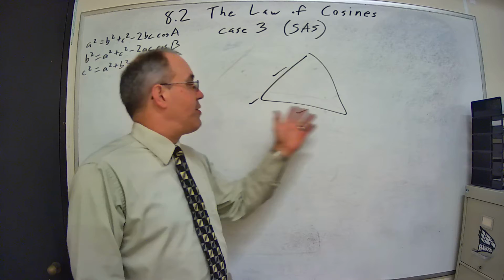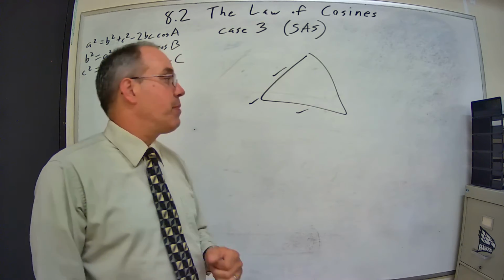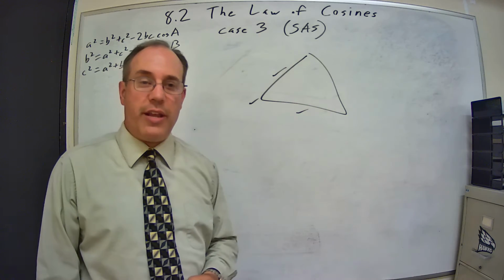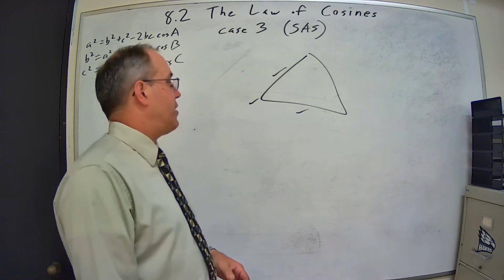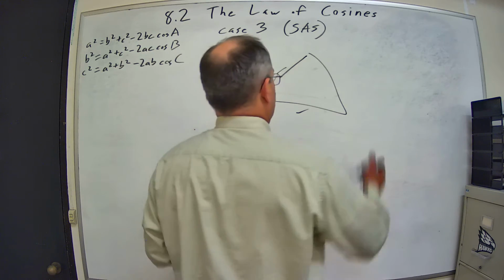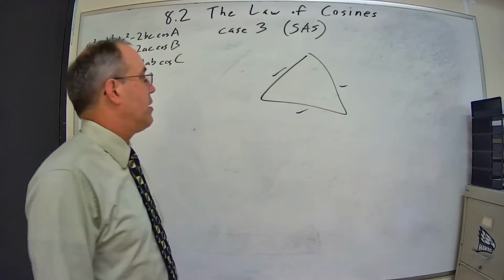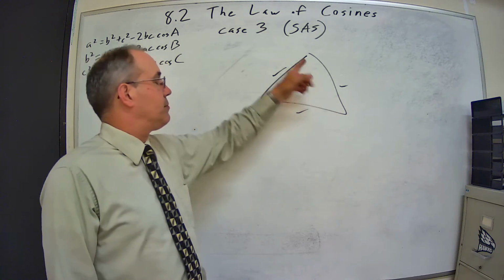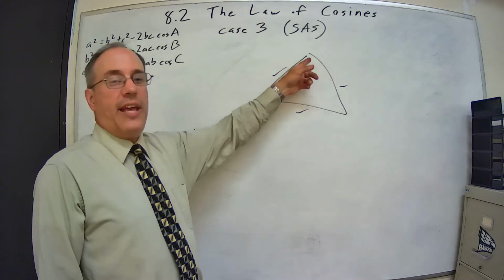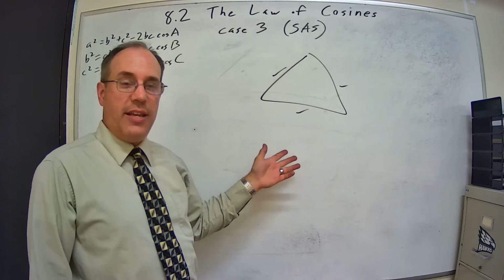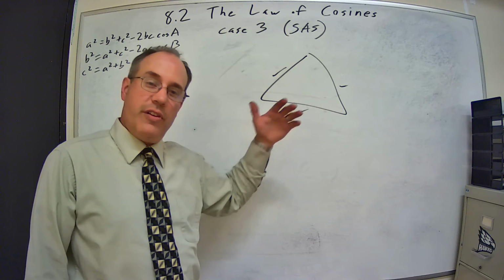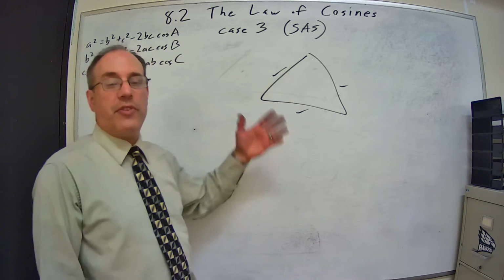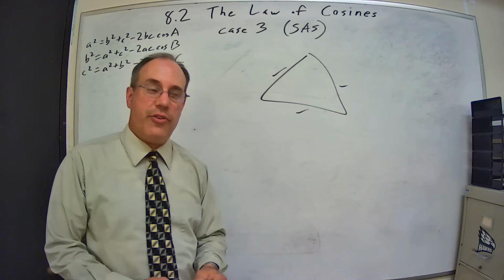And then when I get to having two angles, I can use sum of interior angles to find the third angle. Or if I was given three sides, then I could use the law of cosines to find an angle. Once I have an angle opposite a side, I could then use the law of sines to find another angle, and then I can use the sum of interior angles to find the third angle.